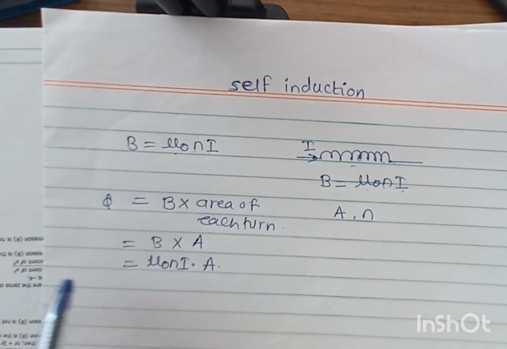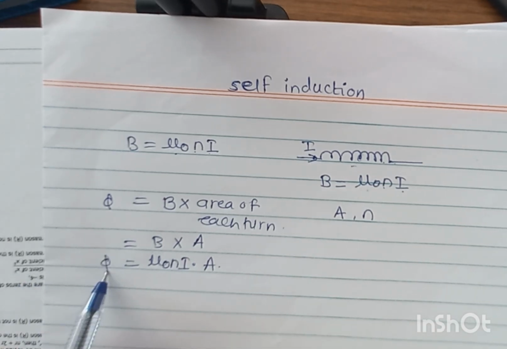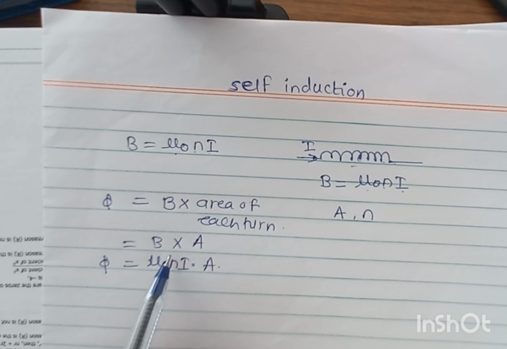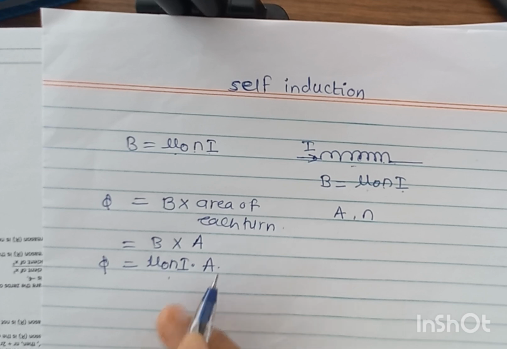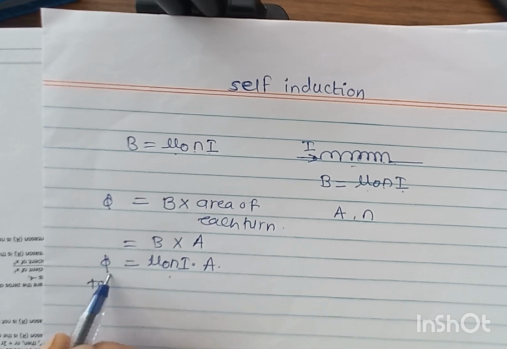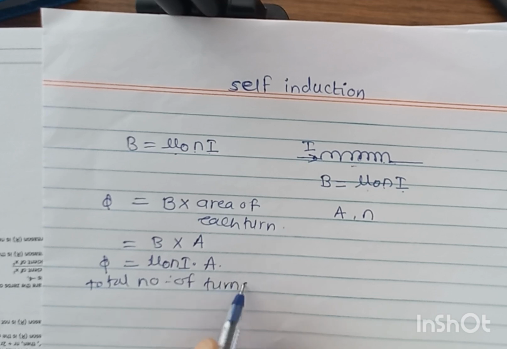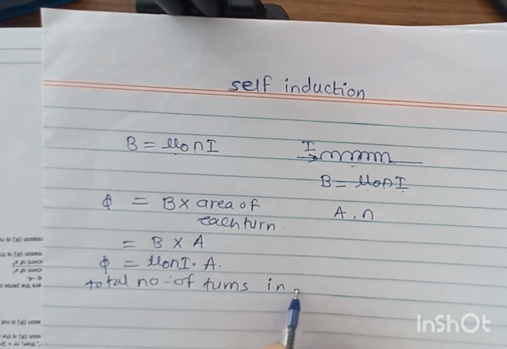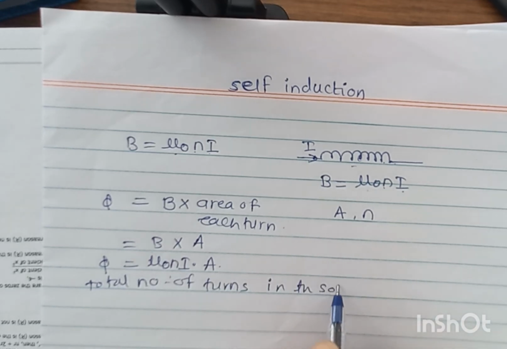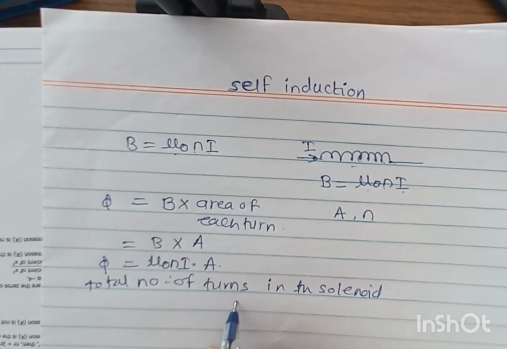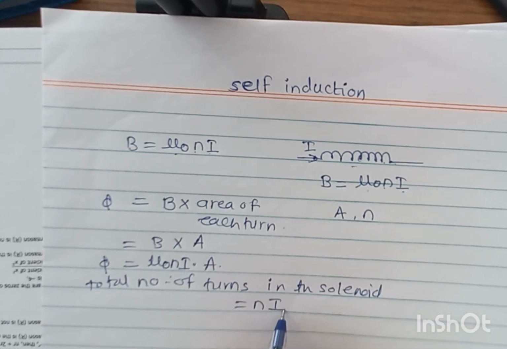So here the magnetic flux phi is the flux linked with one turn times the total number of turns. The total number of turns in the solenoid is N into L, where L is the total length.